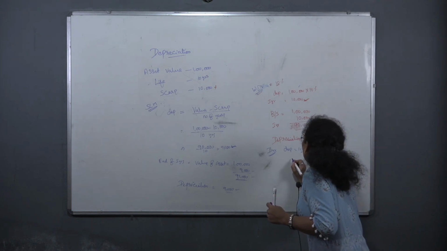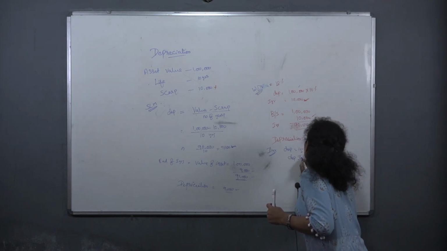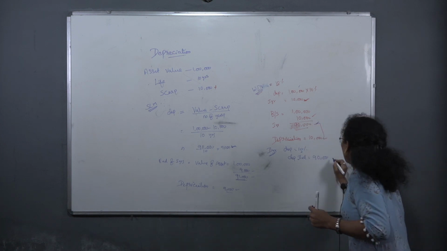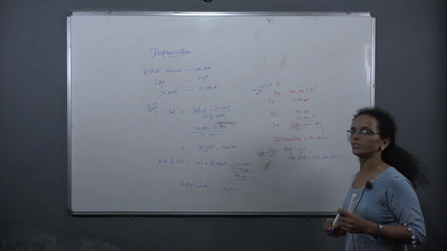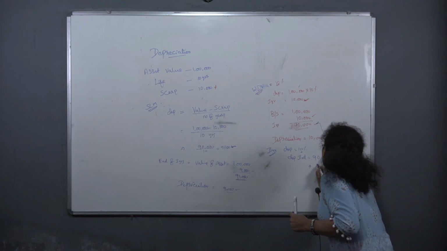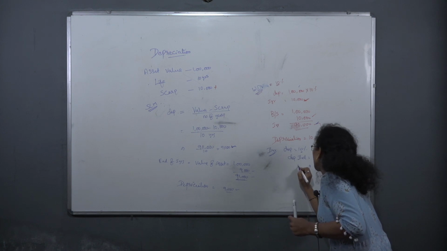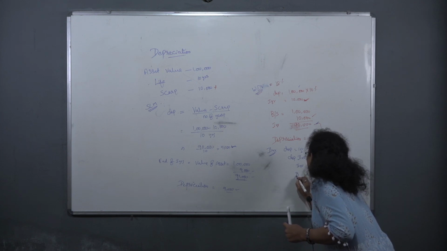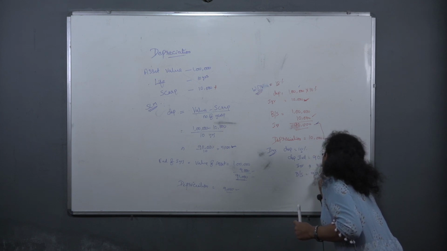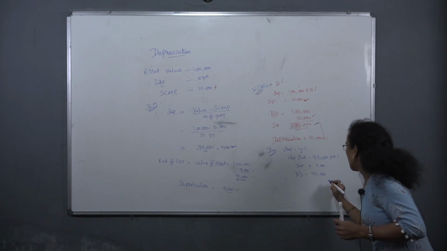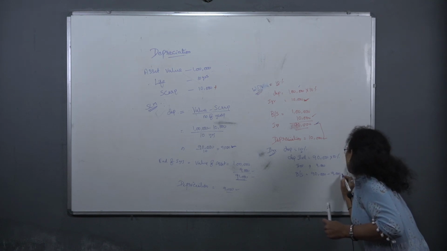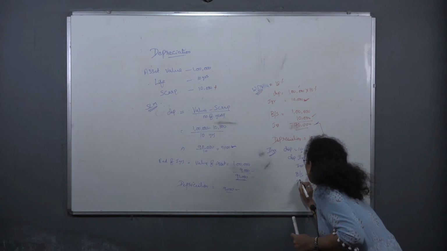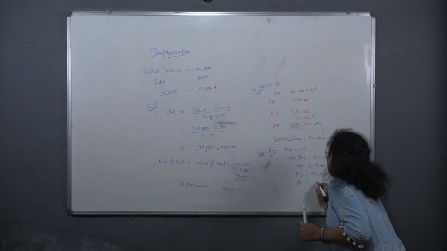So for the second year, 90,000 rupees is the book value of the asset, and I will debit 10% of it, which means 9,000 rupees is the depreciation for the second year. The treatment for the balance sheet: 90,000 rupees minus the second year depreciation is 81,000. The P&L treatment is 9,000 rupees.